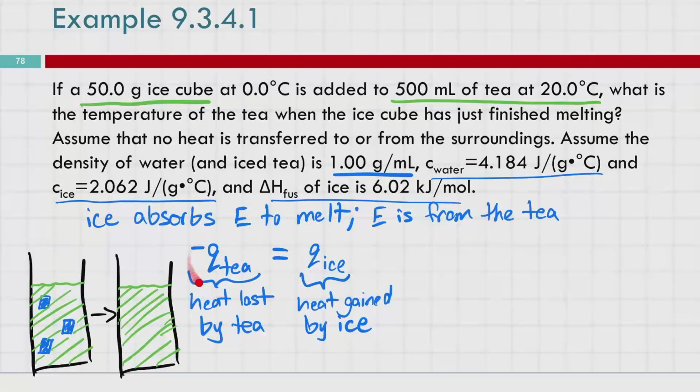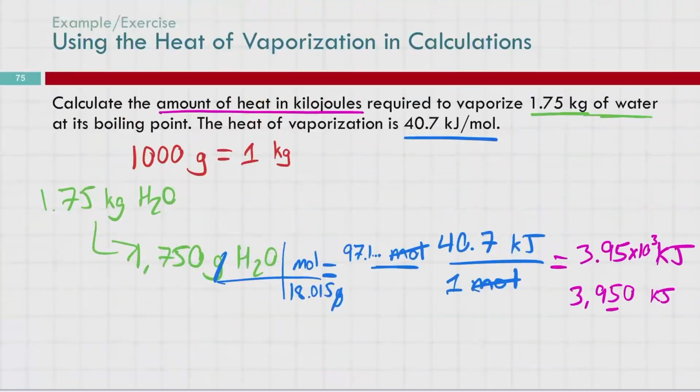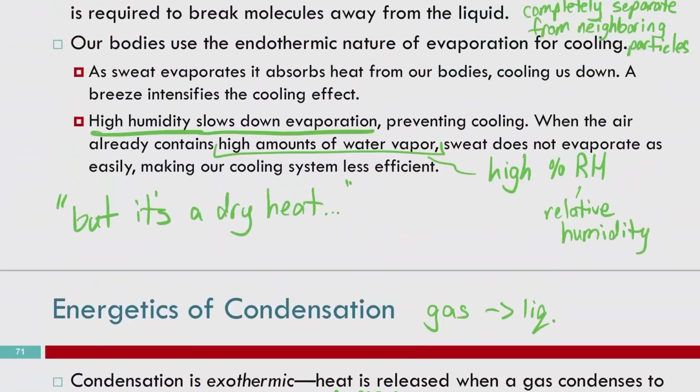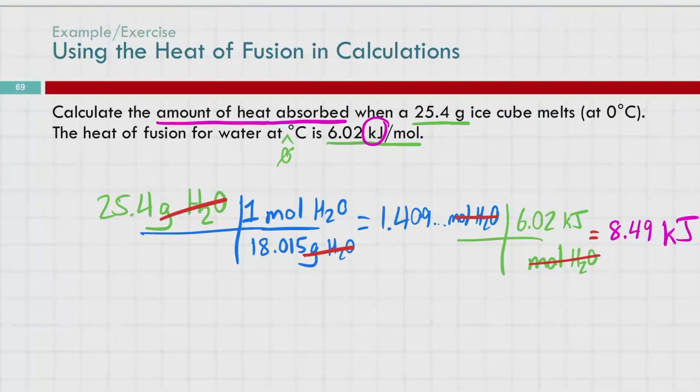Can we calculate the heat that was absorbed by the ice? Yes, we can. So this is where we're using, not that, this, heat of fusion. We're doing a heat of fusion question.